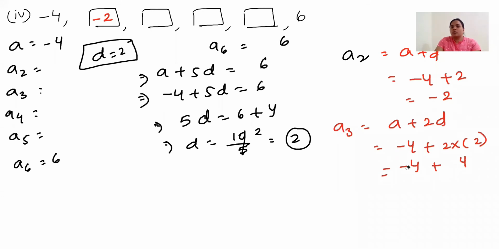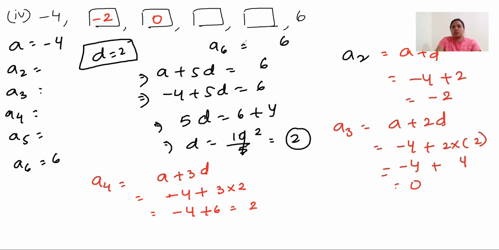So 2 into 2 is 4. So minus 4 plus 4 is equal to 0. So A3 is 0. Now A4. So A4 is equal to A plus 3D. This is equal to minus 4 plus 3 into 2. This is equal to minus 4 plus 6. That is equal to 2.